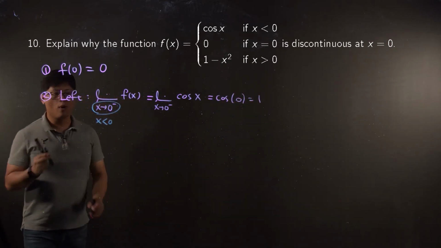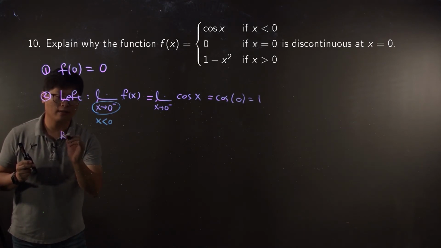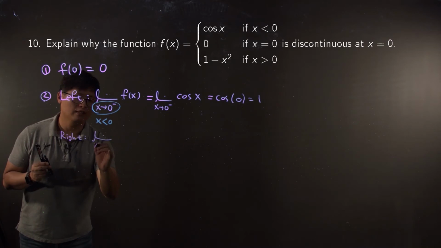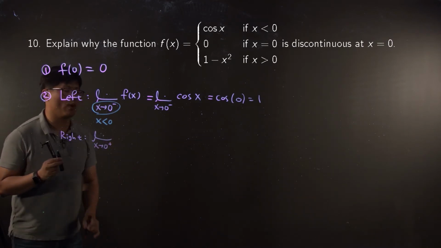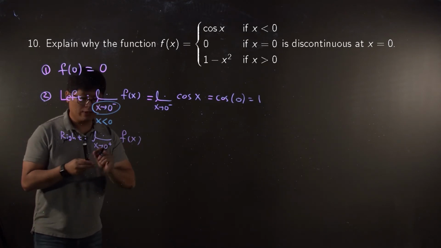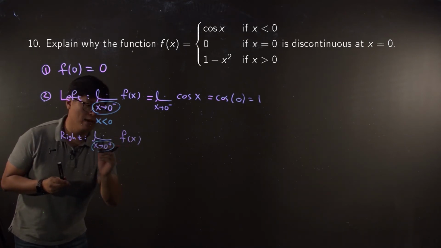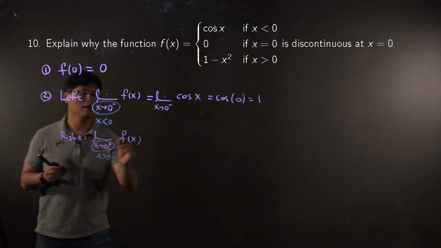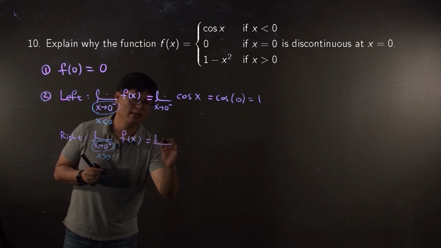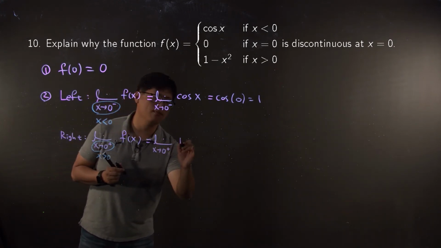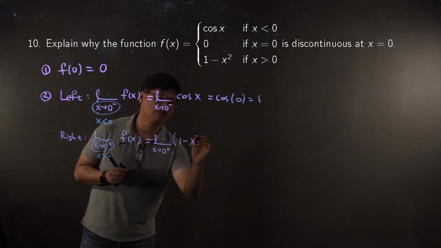What about the right limit? This means x goes to 0 from the right-hand side. As we discussed before, that means x is bigger than 0. In other words, we're going to use the third equation of your piecewise defined function. So that is equal to the limit as x goes to 0 plus of 1 minus x squared.